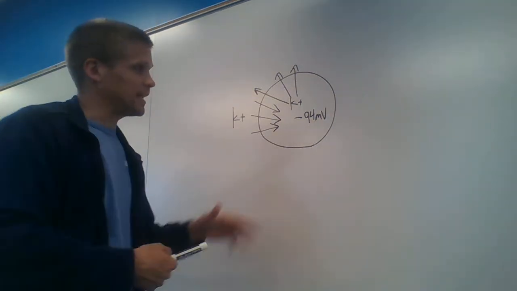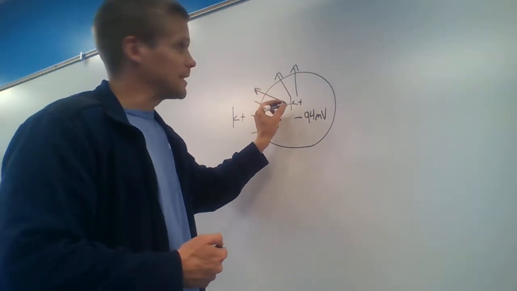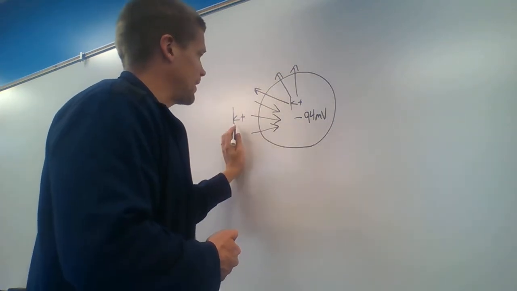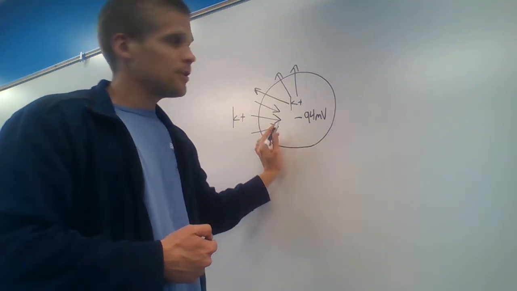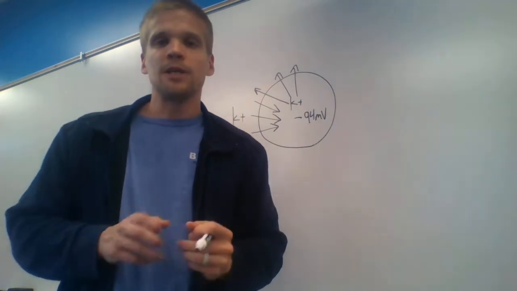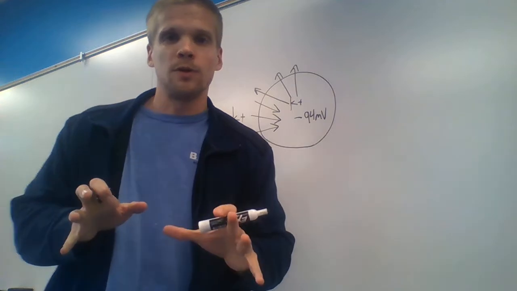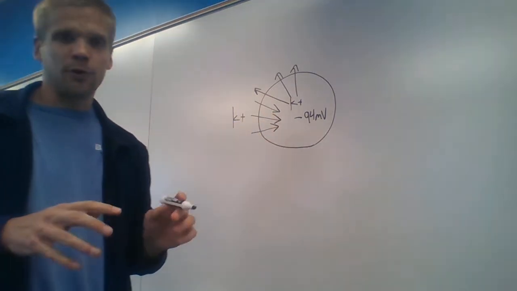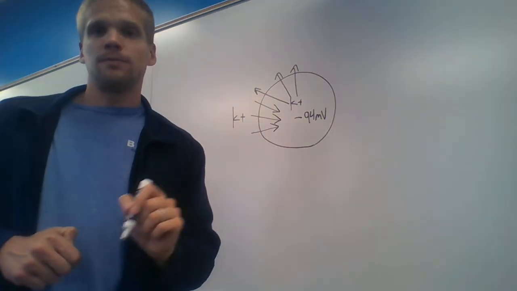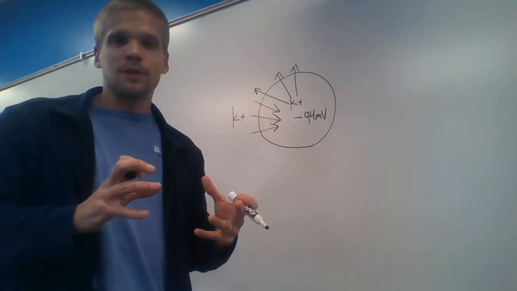When the inside is at negative 94 millivolts, the drive for potassium to leave through its chemical driving force equals the drive for potassium to come back through its electrical driving force. So an equilibrium potential is when the chemical driving force and the electrical driving force for an ion are equal. So at negative 94 millivolts, potassium doesn't exit or leave the cell. Right? At negative 94, we're just in limbo.